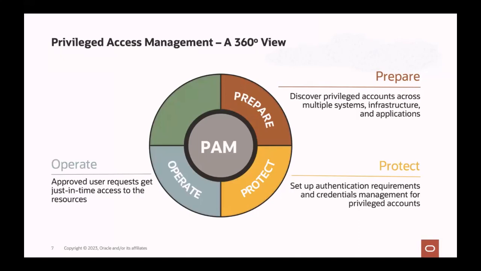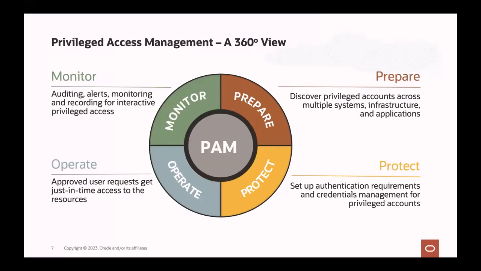Once the authentication requirements are met, the end user will get just-in-time access to the resource, either database or host. And the final thing is monitor. Here, the PAM administrator will review the auditing alerts, monitor access, and report any suspicious security issues.